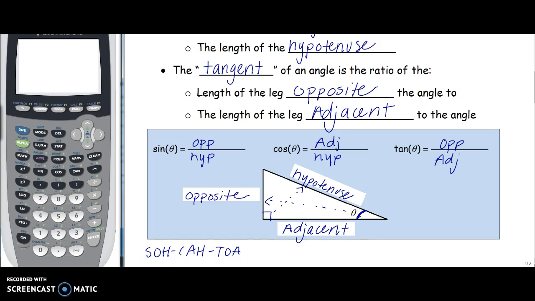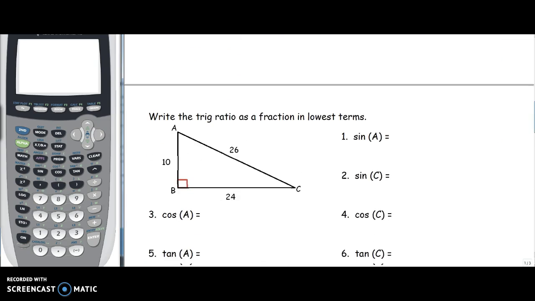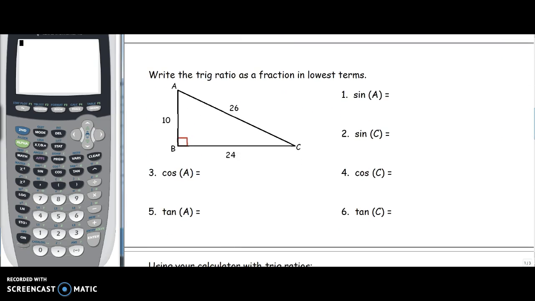Okay, so what we're going to do now is actually, given these values, we have to come up with the fraction. So again, I'm going to write SOH CAH TOA up here. Number one says sine of A, so we're going to use this portion. Okay, so if you find A, this is your reference angle. Sine is opposite over hypotenuse.